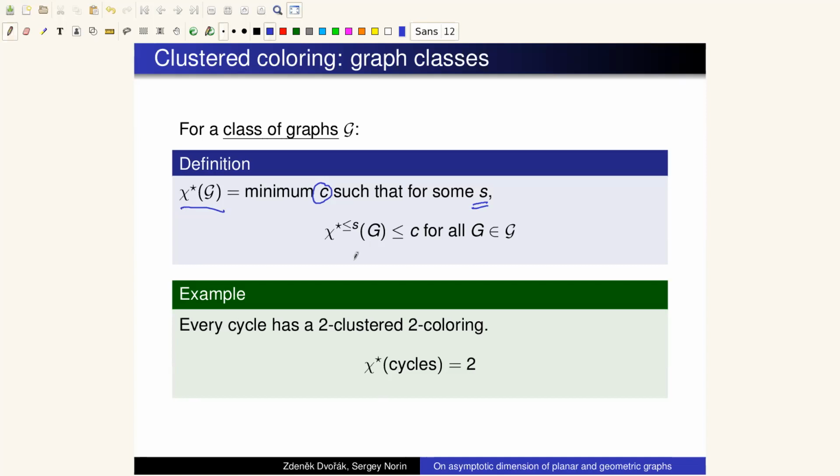So let me give an example. Clearly you can color every cycle using 2 colors so that each monochromatic component has size at most 2.